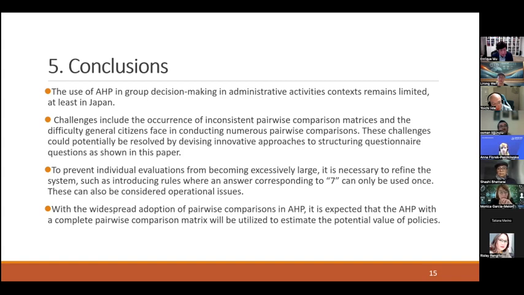These challenges could potentially be resolved by devising innovative approaches to structuring questionnaire questions as shown in this paper. On the other hand, with a widespread adoption of pairwise comparisons, it is expected that AHP with a complete pairwise comparison matrix will be utilized to estimate the potential value of policies.